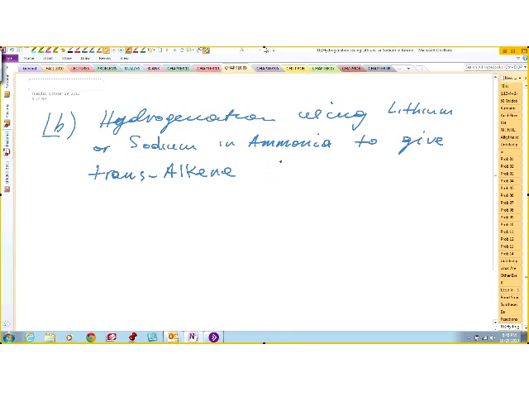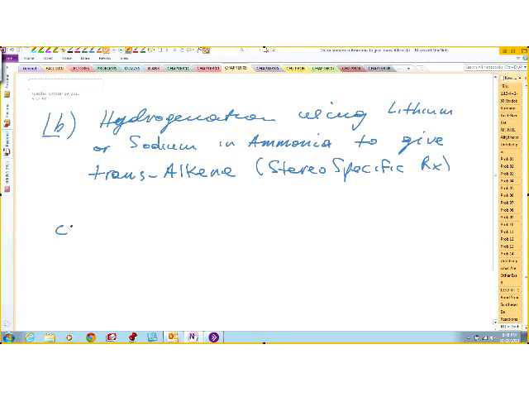This is a very stereospecific reaction. It's stereospecific. You know that only one isomer is formed.